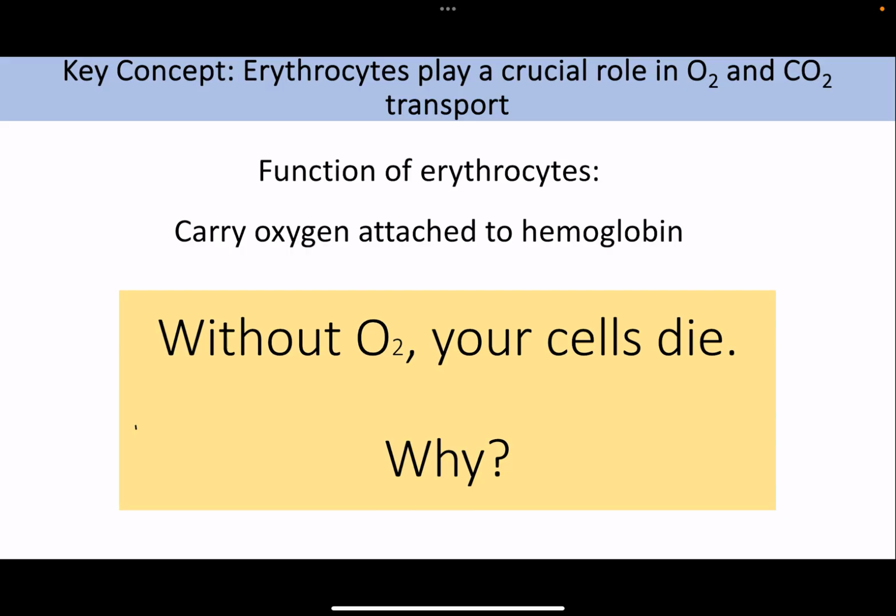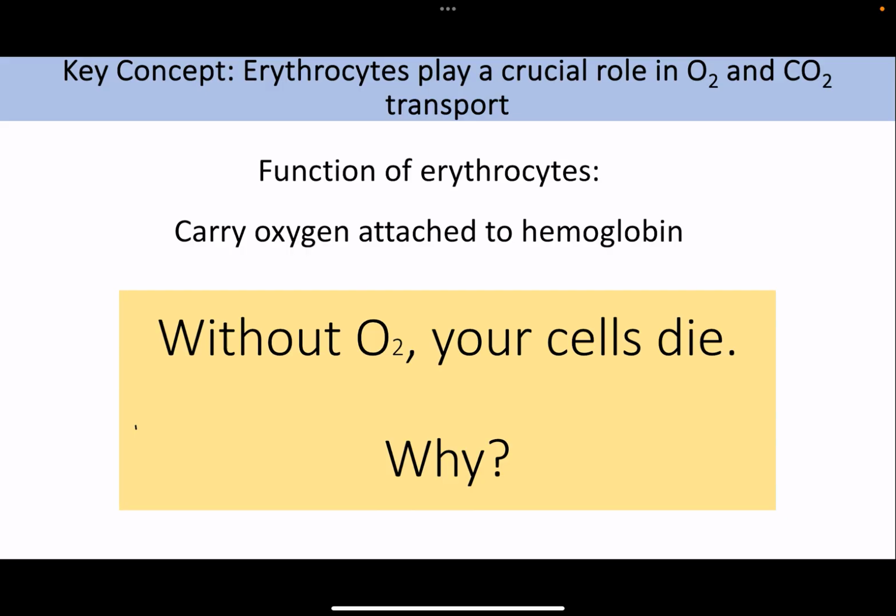And overall, if you lack oxygen for a certain amount of time, the entire body will die because it will run out of ATP to inflate the lungs, pump the heart and do all of those vital functions that keep you alive. So when somebody dies of suffocation or asphyxiation, they're not really dying from a lack of oxygen. They're dying from a lack of ATP. They're dying from a lack of energy to keep the body running.